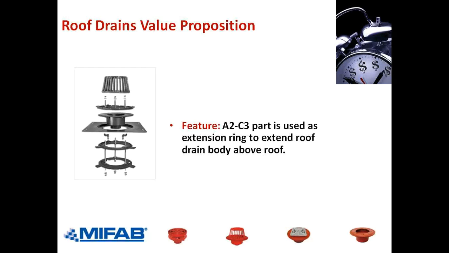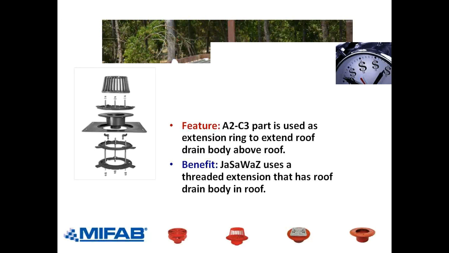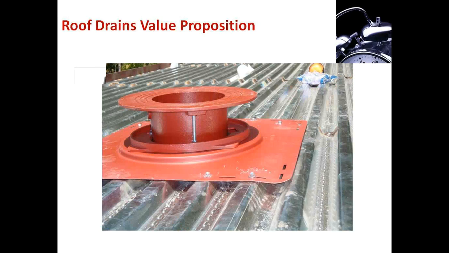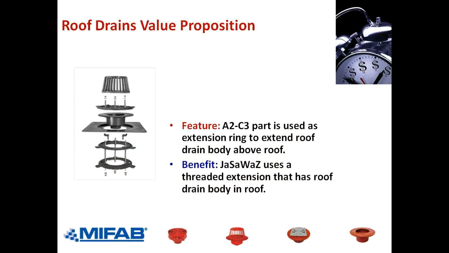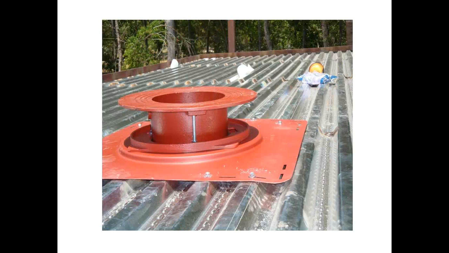Here's another one. We use the A2C3 as an extension ring rather than the way Zurn does it, which is with a threaded extension. And I think we have a nice picture there. So this is the A2 BP sump receiver or bearing pan bolted to a Q deck or metal roof deck.